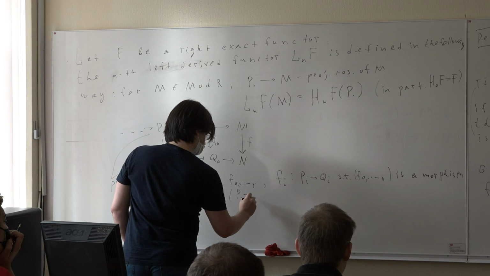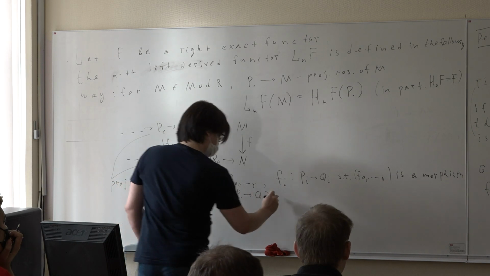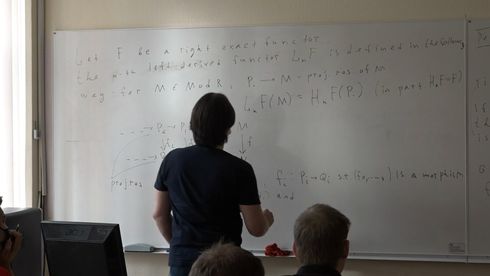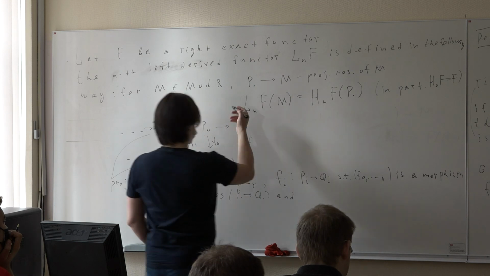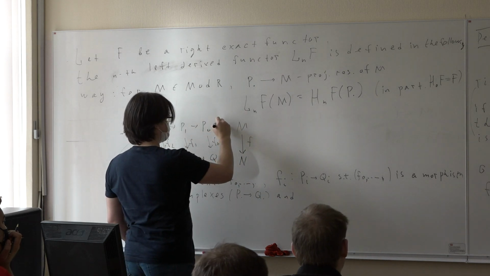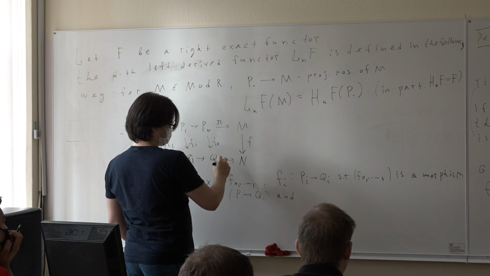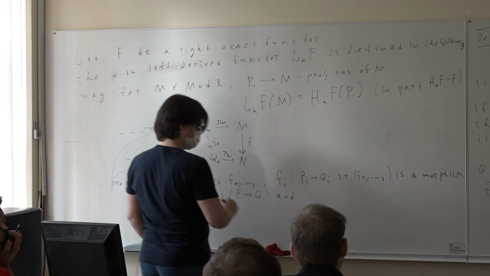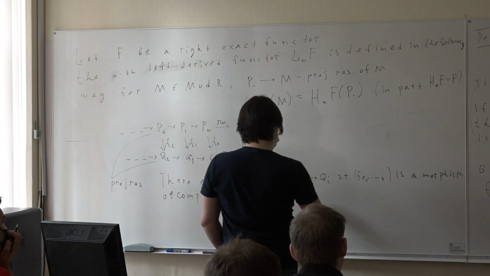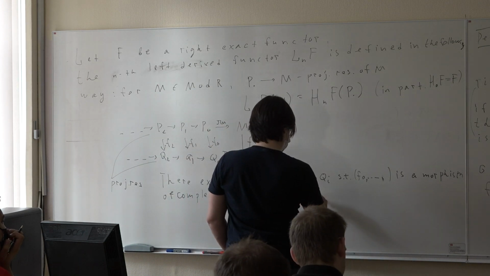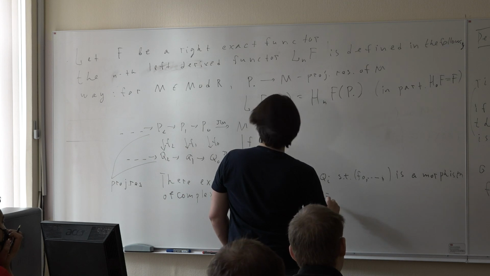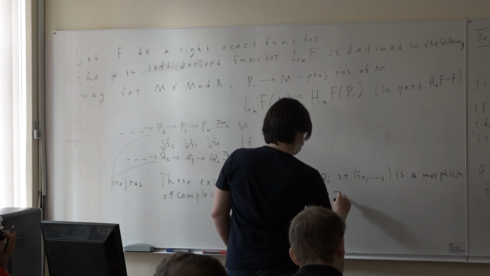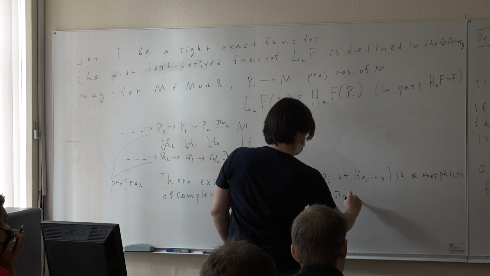From P dot to Q dot. Like if you denote here, for example, pi m and pi n, then f pi m equals pi n f0.